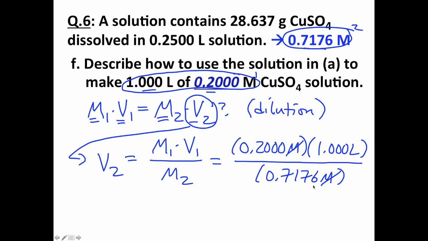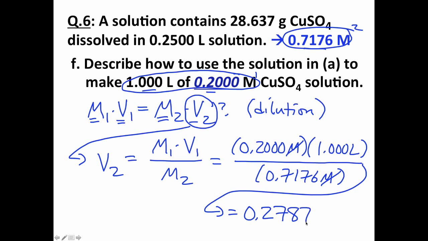Molarity cancels, do the math, and what we get is 0.2787 liters. And this is, of course, of the more concentrated 0.7176 molar solution. Same values we got before, and same conclusion as before. We take 0.2787 liters of the more concentrated solution, add enough water to make 1 liter of the dilute solution.